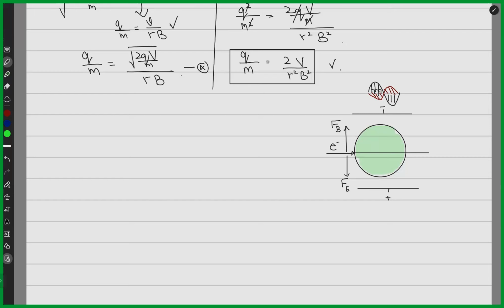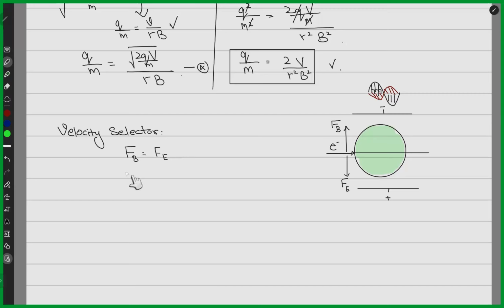Okay, so what does that mean? I want a velocity that can achieve this goal, right? And this is sometimes called velocity selection or a velocity selector. So again, the condition is that the magnetic force should be balanced by the electric force.